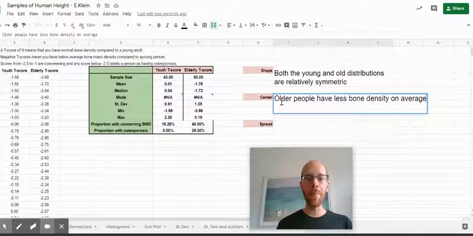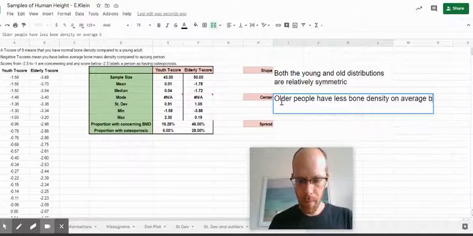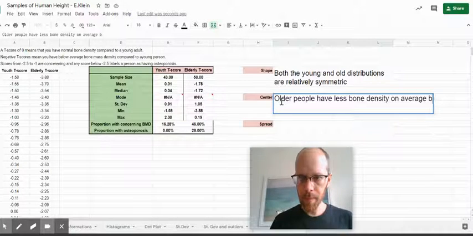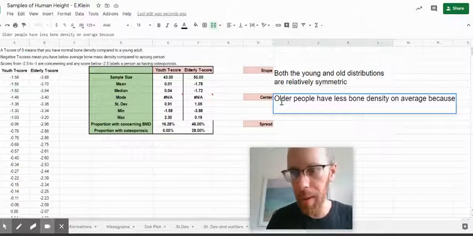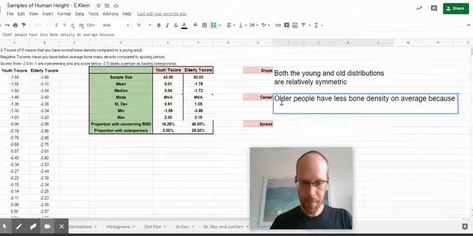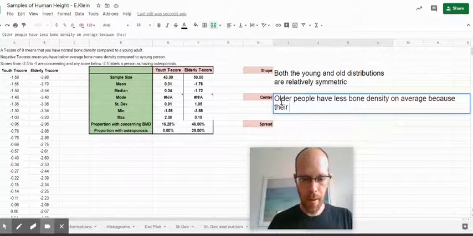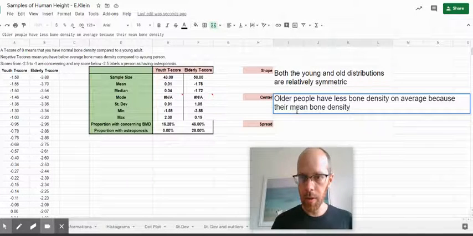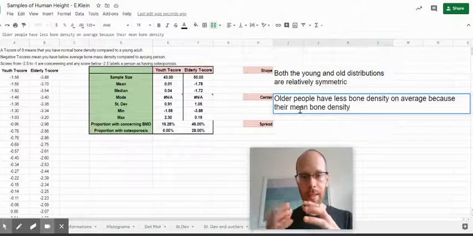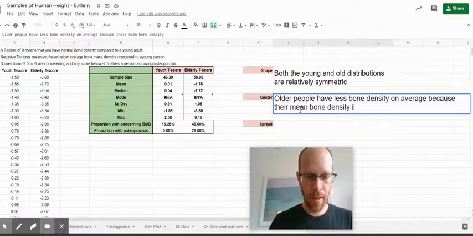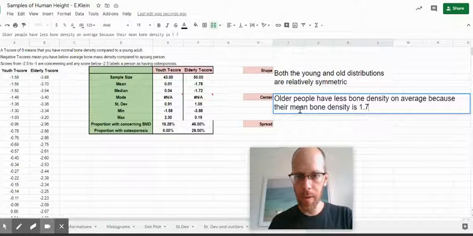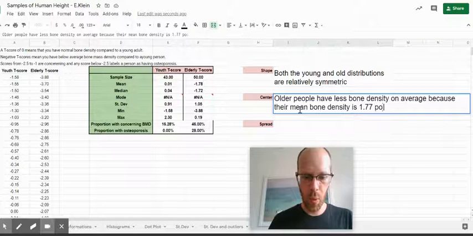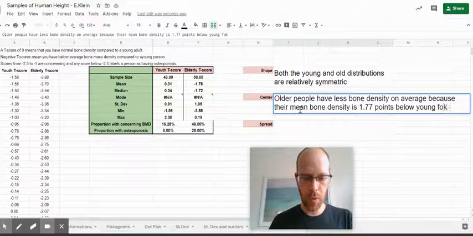So there's the making meaning out of it. Because I can type the whole word, I won't be that lazy. Their mean bone density, notice that I used the mean, I cited the statistic that I picked, is 1.77 points below young folks.